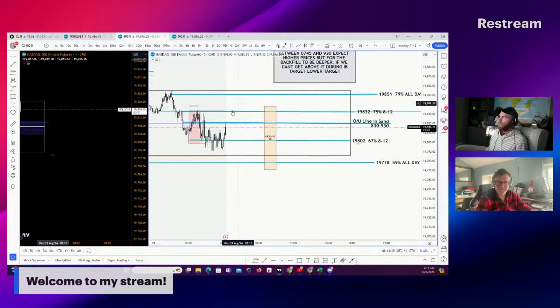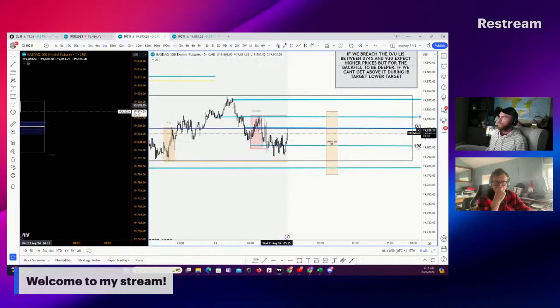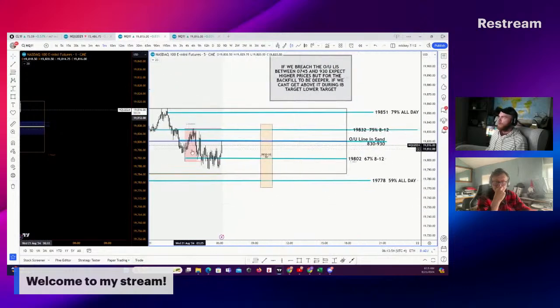Because number one, we don't have a news catalyst at 8:30 that's going to identify the trend and kickstart it. And Asia and London have not incorporated the trend yet. So this is all to identify: are we going to do a normal day or a trend day?